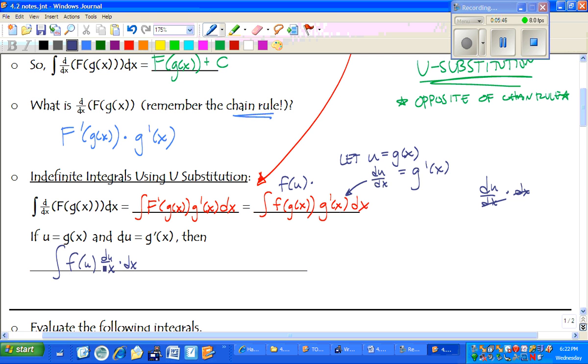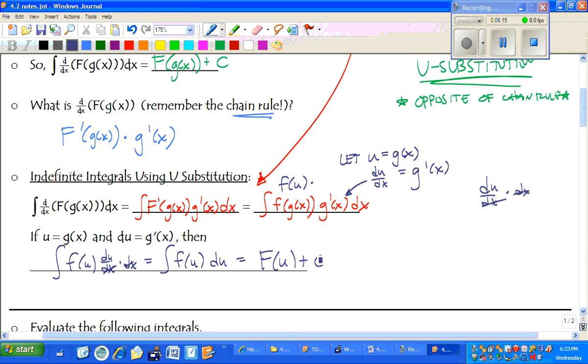Like we saw over here, those dx's cancel out, so we can write this a little bit simpler: f of u du. That is a lot less complicated than this. The antiderivative of this, remember, the antiderivative of f is capital F of u plus c.